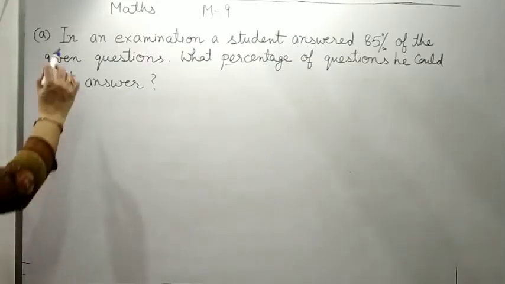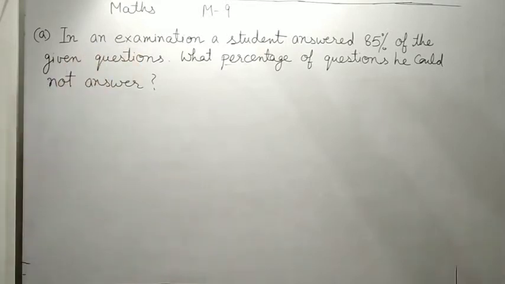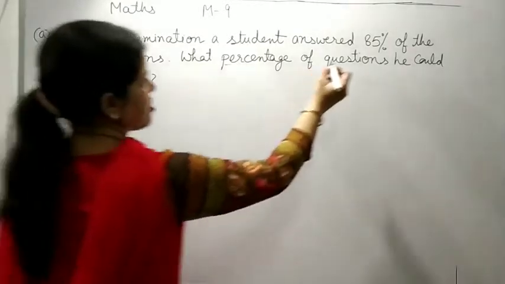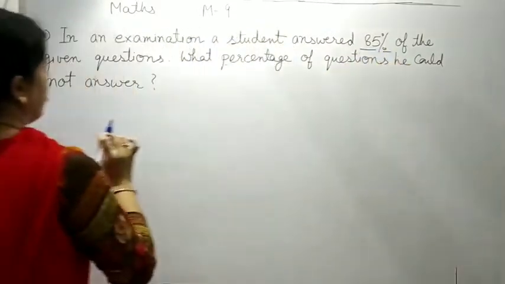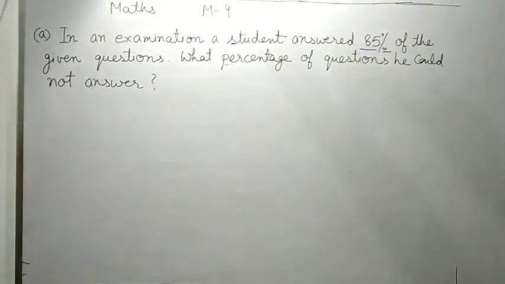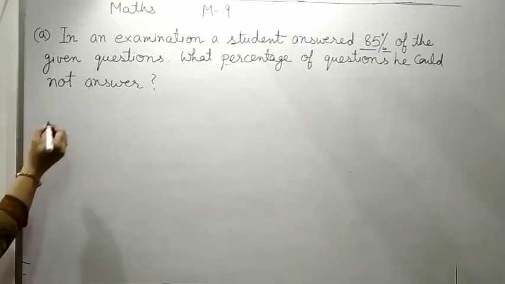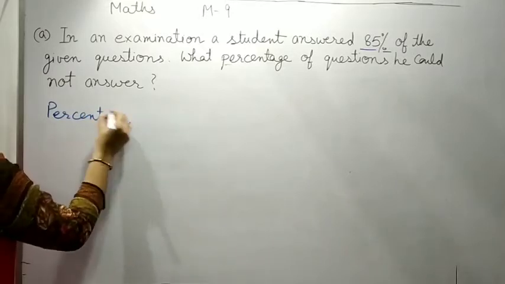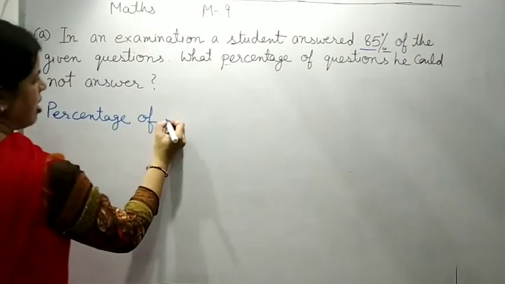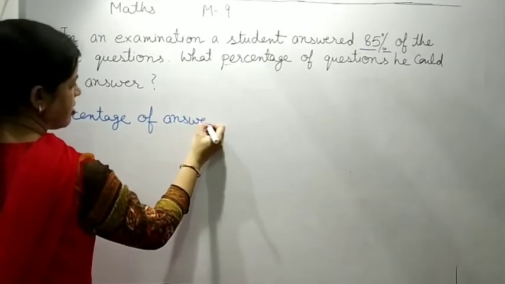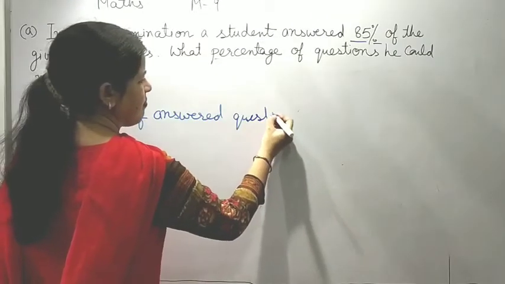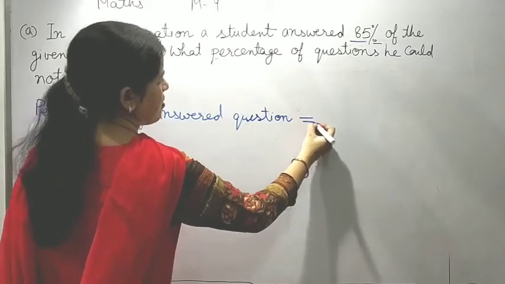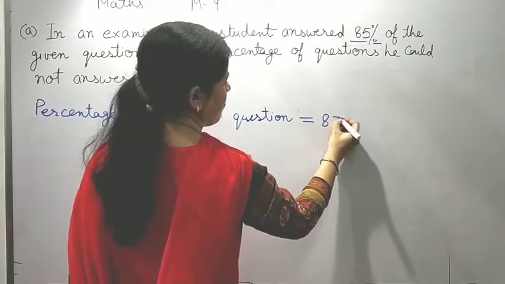Now the next question is from module number 9, and the question is, in an examination, a student answered 85% of the given questions. What percentage of questions could he not answer? So answered question is equivalent to 85%. So write down percentage of answered question is equal to 85%.